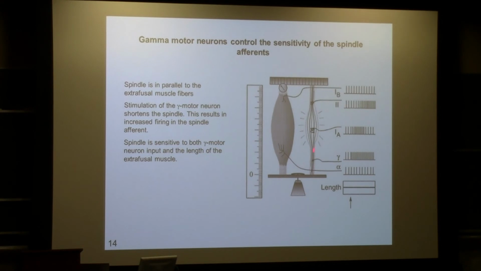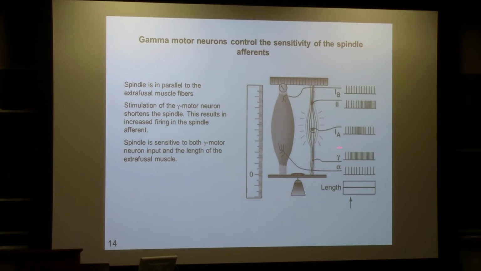So basically, you don't want this intrafusal fiber to go slack. So if your arm is here, you don't want the intrafusal fiber to have such a long length that the spindles can't sense motion of the arm.